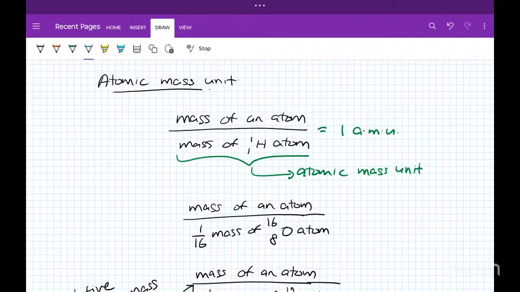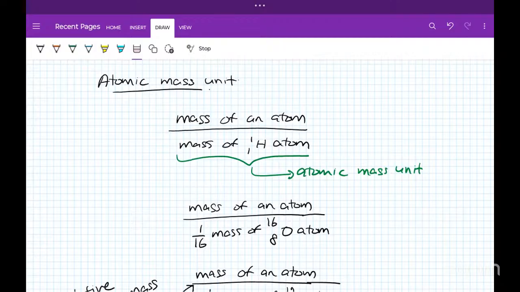Next bullet point. Initially, the mass of the H11 atom is used as the atomic mass unit, and the mass of other atoms are measured relative to this unit.